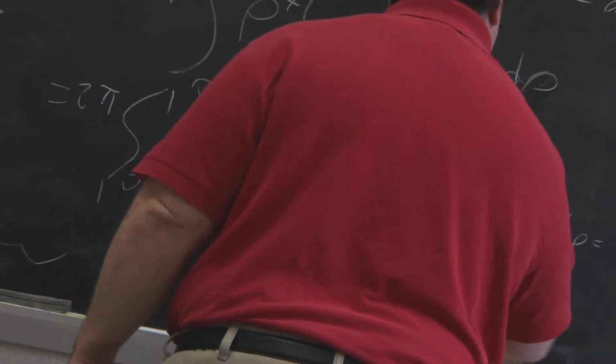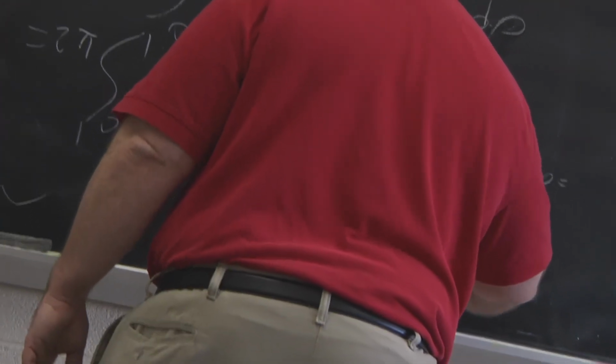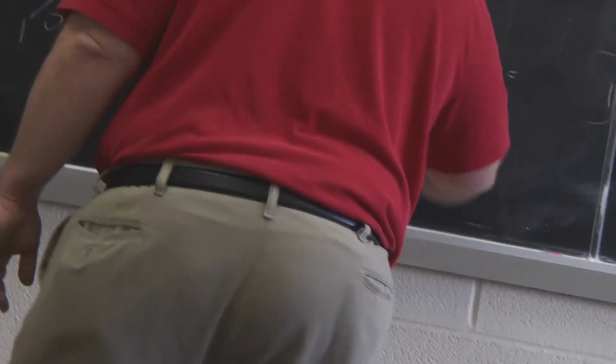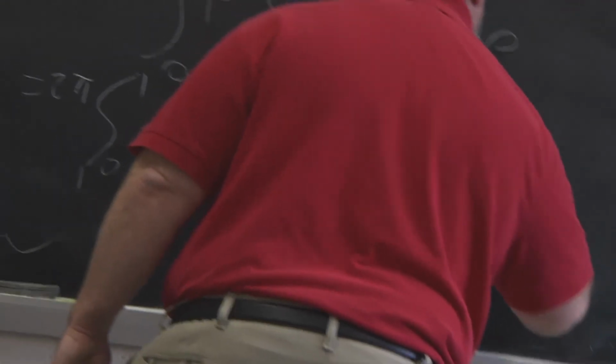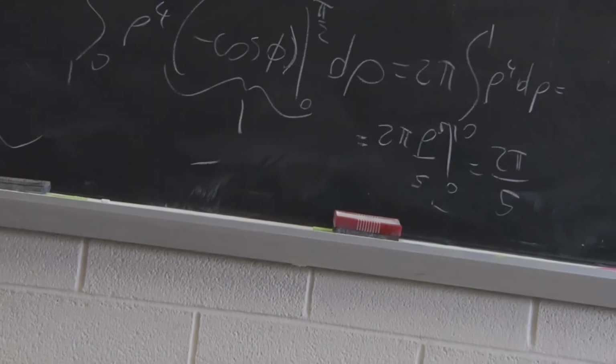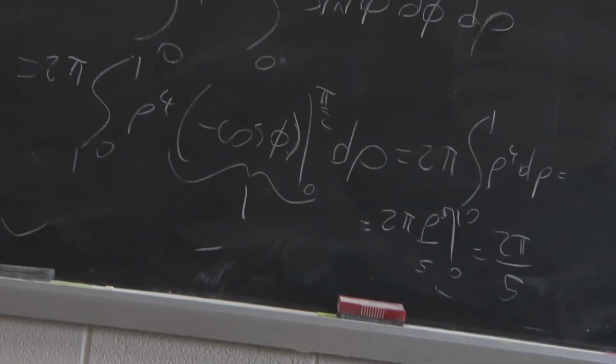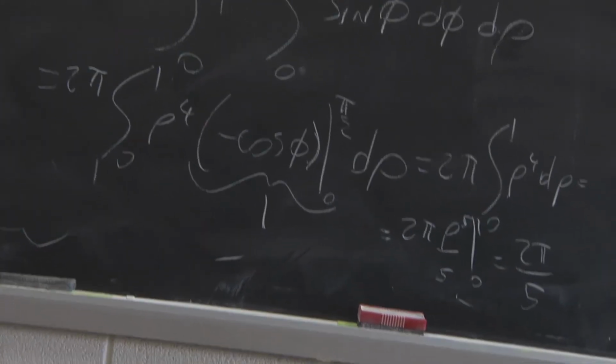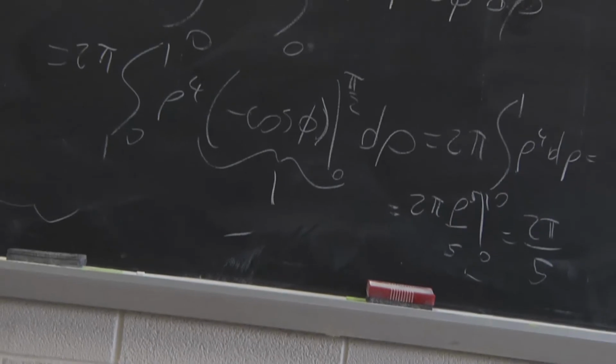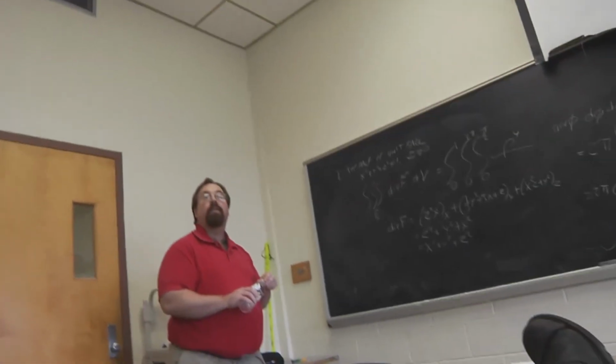So we have 2 pi rho to the 5th over 5 from 0 to 1. So 2 pi over 5 is the integral for that part, the interior of the half ball. Questions?